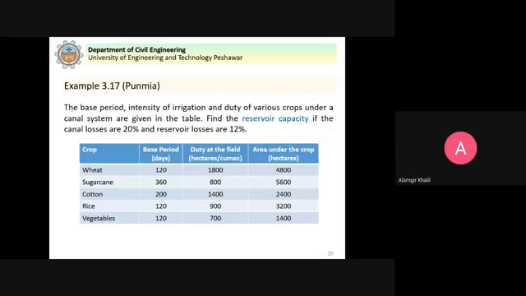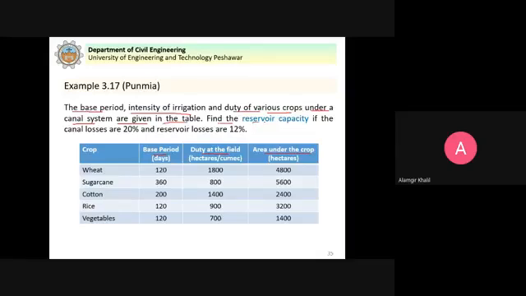Next, we solve another problem, the base period and intensity of irrigation. So this is the base period for the crops. The intensity of irrigation, that is the area under the crop, and duty of various crops, duty at the field in hectares per cubic under a canal system, are given in the table below.